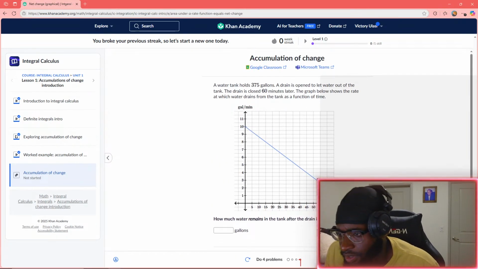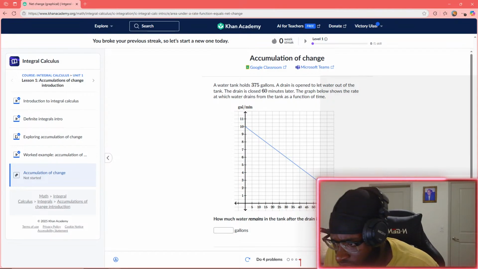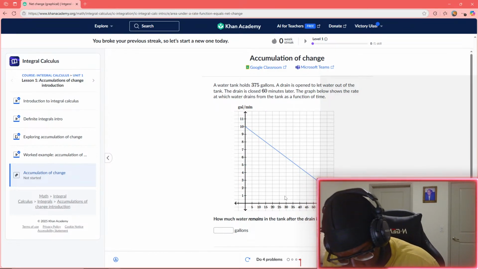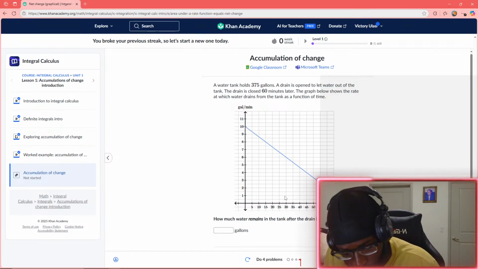Alright, so this would be 60 times 2, which is 120.